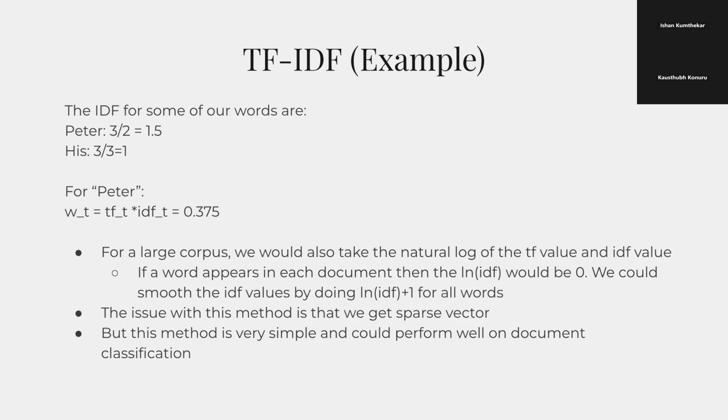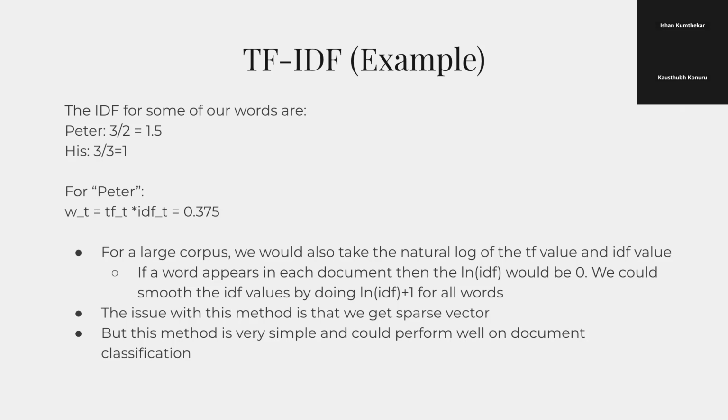And then we would create a vector using the W values. So for a large corpus, the issue is that we would have a high number of unique words, right? So we'd have very, very large vectors for each document.